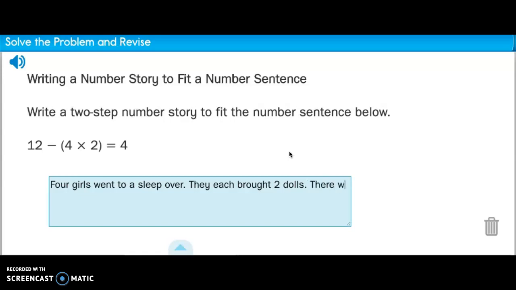There were 12 girls at the sleepover. How many girls did not get a doll?